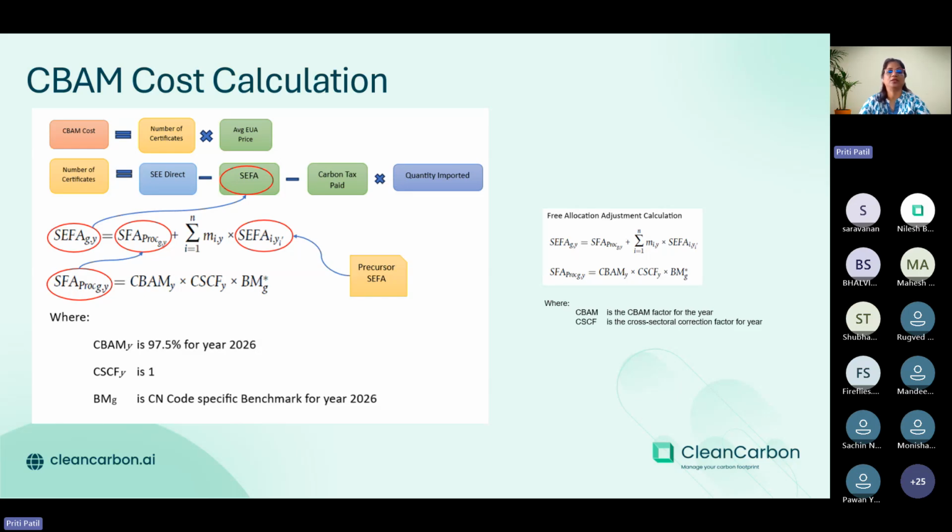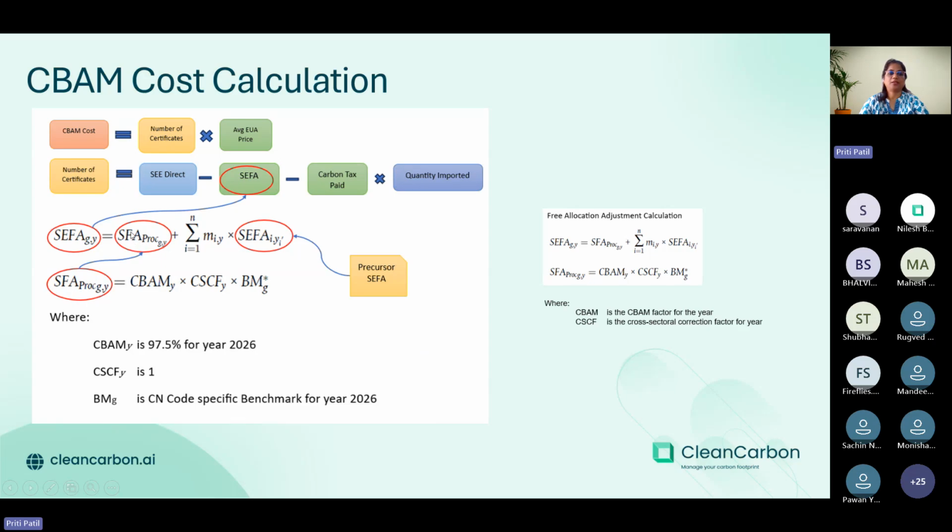You will calculate the other precursors' CEFA also and multiply it by their mass ratio and get the sum of all those. So if you have 5 precursors, you can calculate every precursor CEFA into their own mass ratio and sum it together to get a complete precursors free allocation total adjustment.